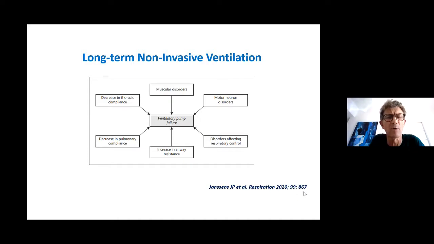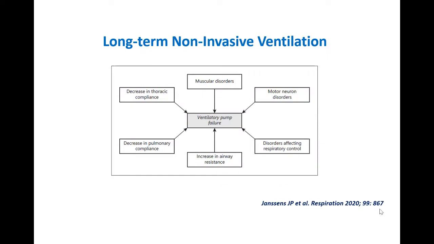As you can see on this picture from a publication of Jean-Paul Janssen in Respiration, the pathophysiologic rationale for long-term non-invasive ventilation is ventilatory pump impairment related to different causes: neuromuscular disease, maybe related to respiratory control, motor neuron disorders or muscular disorders, and also the diaphragm working in difficult conditions.